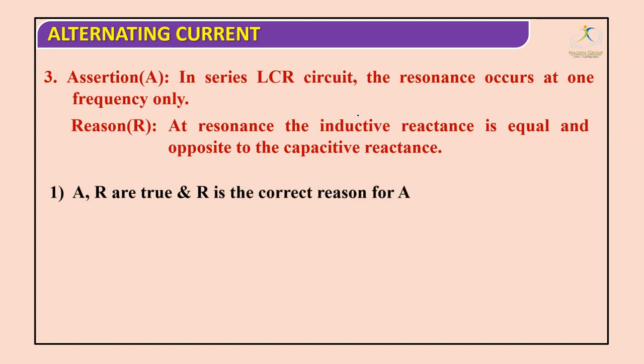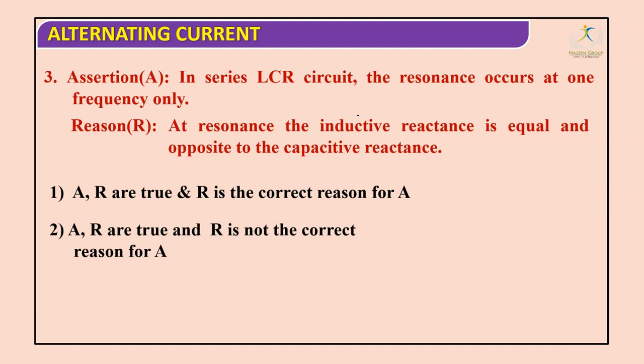We have these options: assertion and reason are true, but reason is not the correct explanation for A; reason is the correct reason for A; assertion is true, reason is false; and assertion is false, reason is true. The correct answer for this question is, students, assertion and reason are true, and reason is the correct reason for A also.